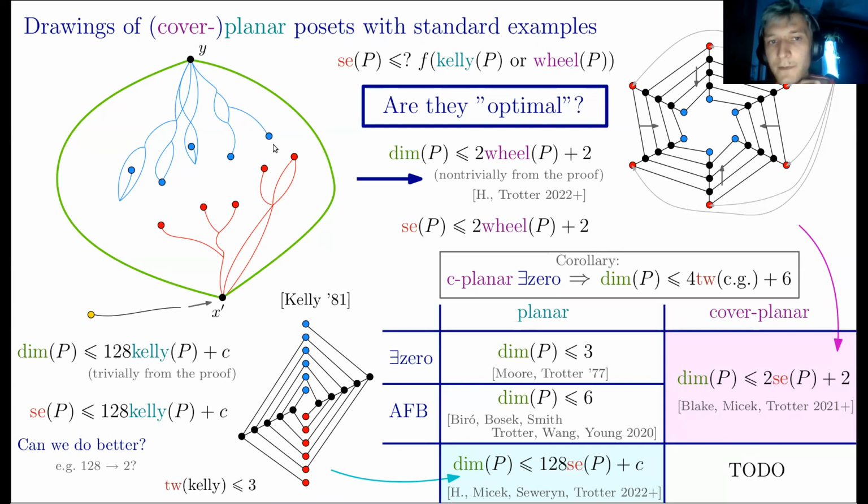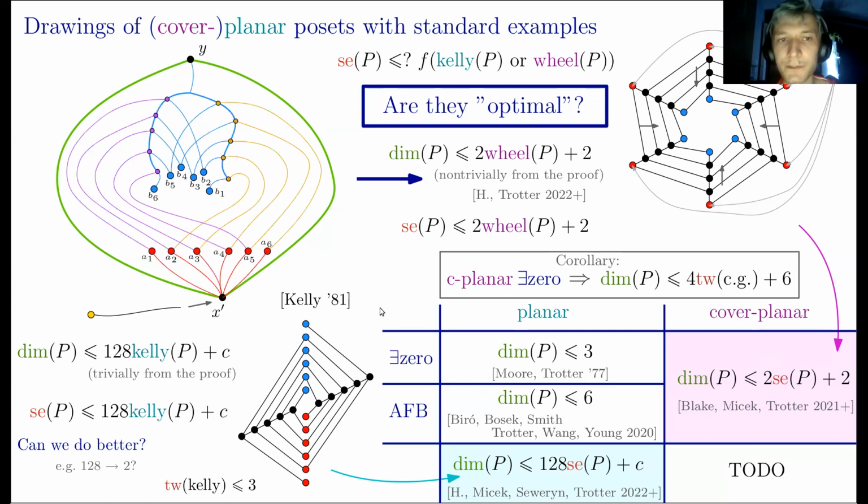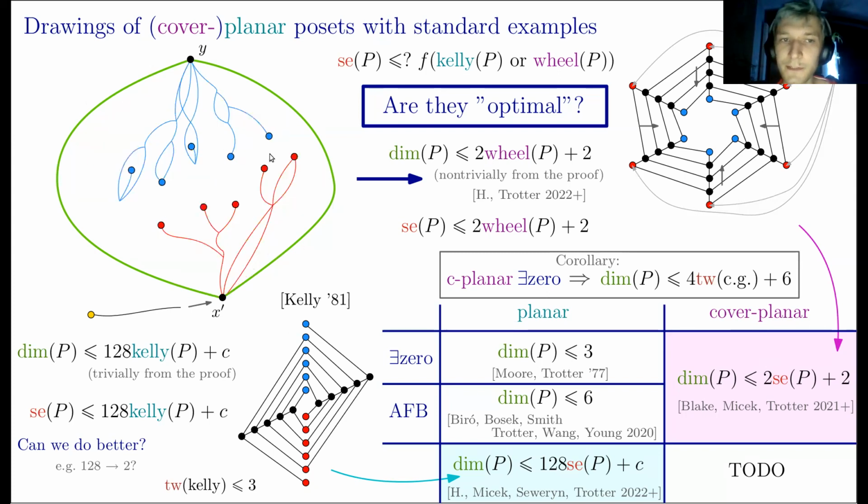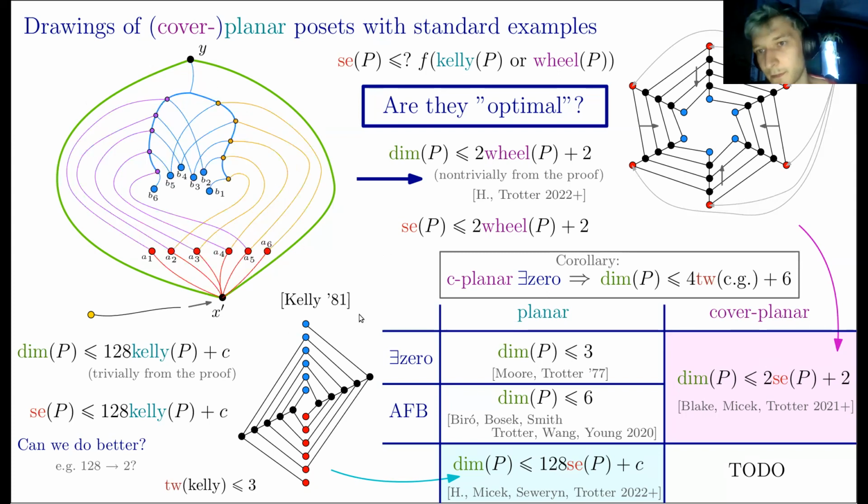So if a standard example is in such a poset, then it's also in this green phase, which was in this bounded region, so we can also find a standard example very locally. And this non-trivial work, which I mentioned here, is forcing this picture. So a standard example really looks like this, and by some analysis we forced it to be this picture, and we know that's it. So what's going on here?